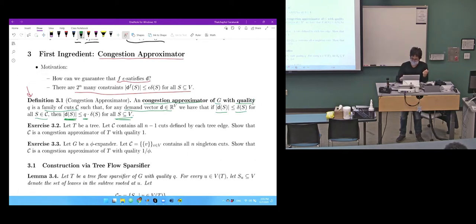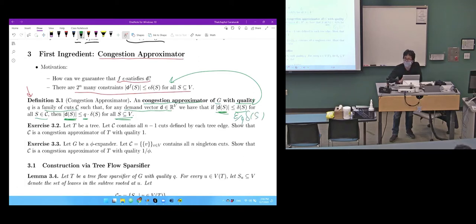Suppose now that you have checked that this demand is at most epsilon over Q times the cut size, for every set in this family, then you know that this thing is going to be at most epsilon, right? That's how it should be useful.